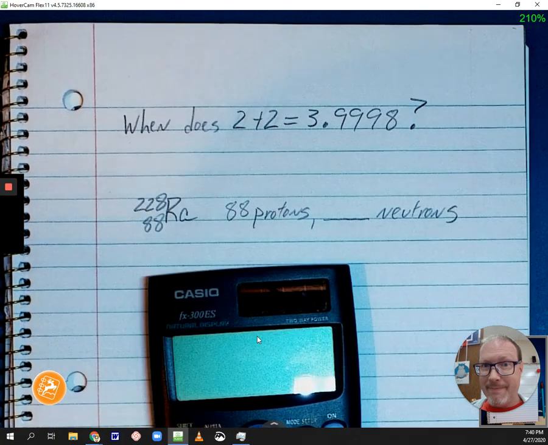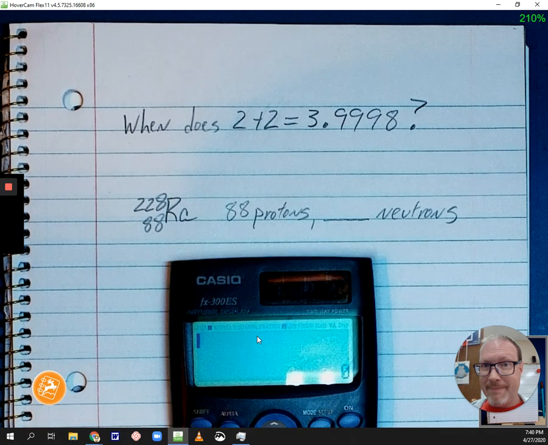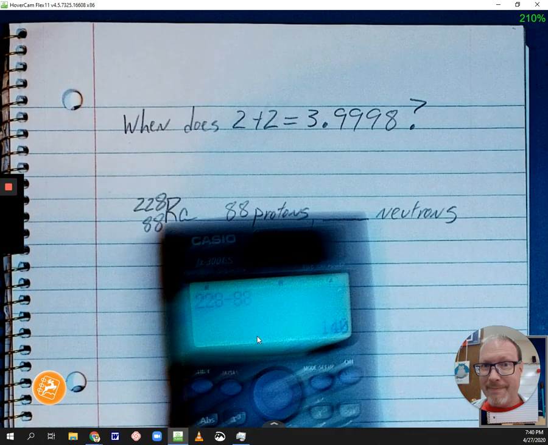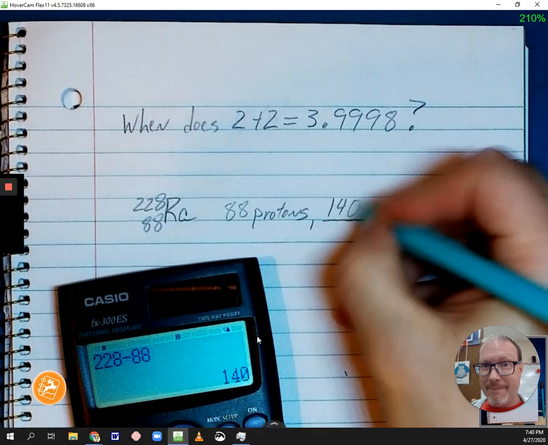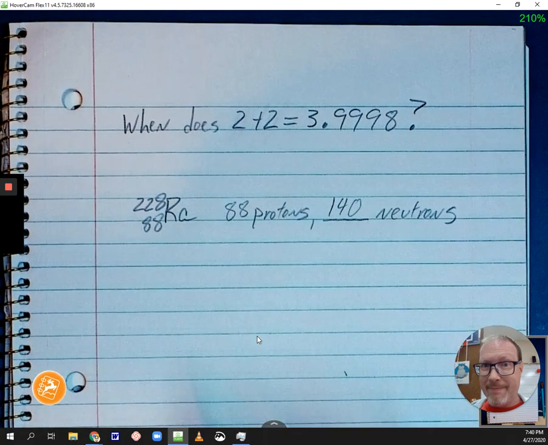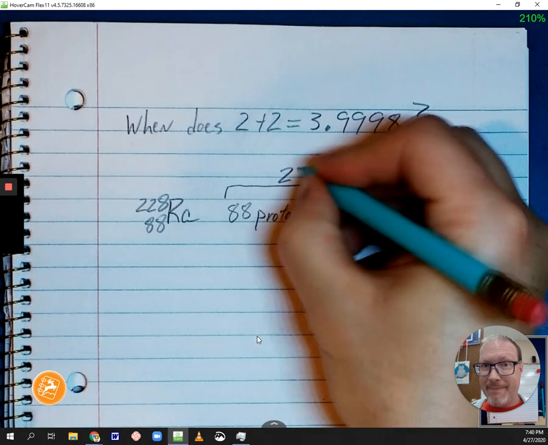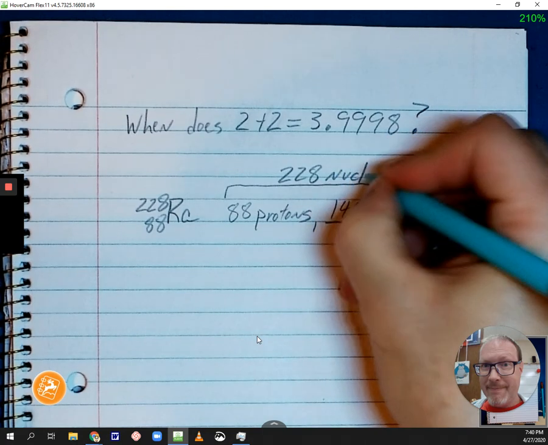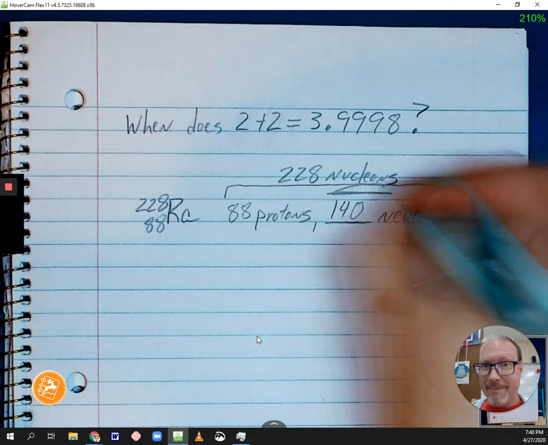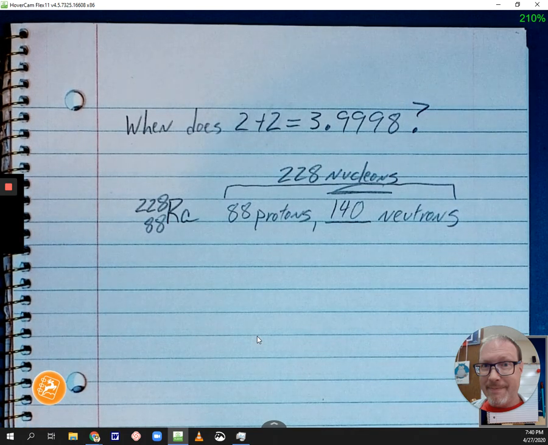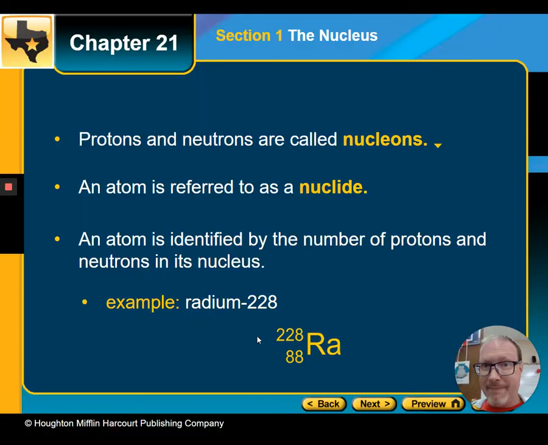So that would be 228 minus 88. In other words, in this particular nucleus of radium, or this radium nuclide, we have 140 neutrons. And so altogether, we say that we have 228 nucleons. Okay? It's nothing new, it's just a new name for something you've already known about for quite a while. So no need to panic there.